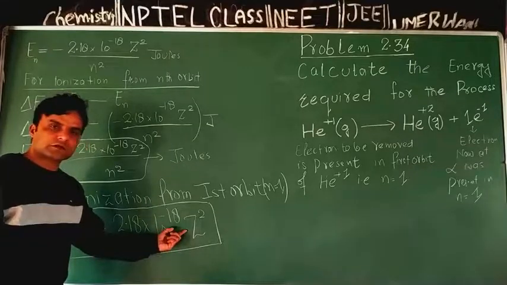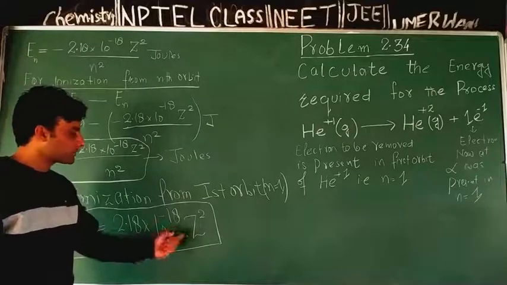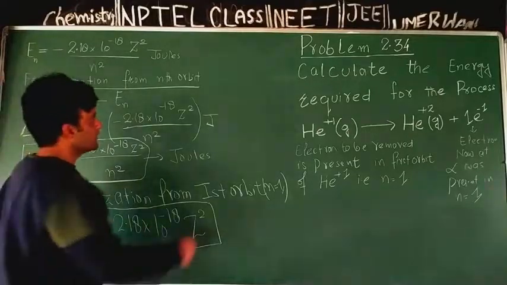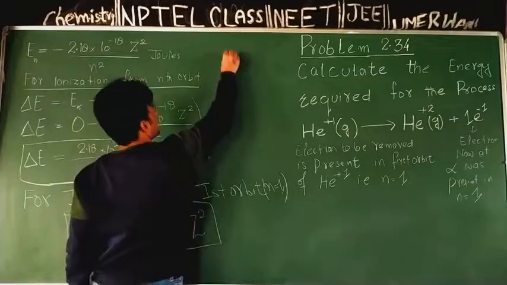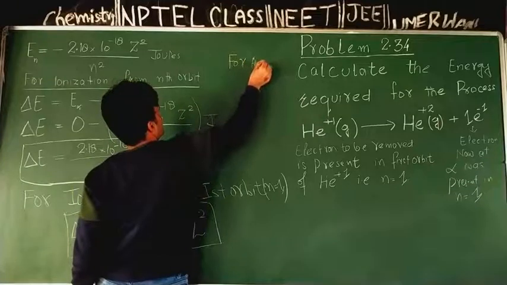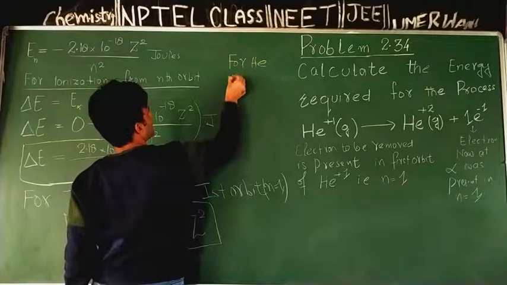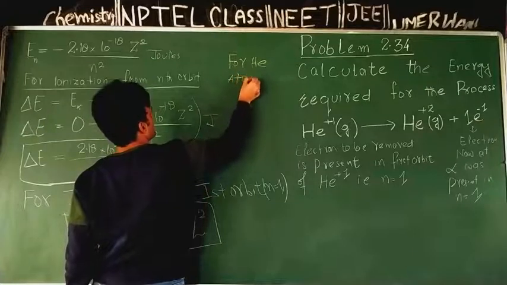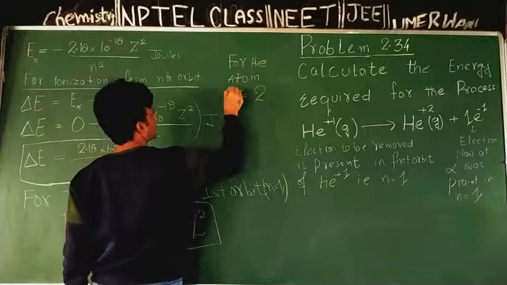For hydrogen it was 1 square, but here for helium it is 2 square because the atomic number of helium is 2. So for helium atom, Z is equal to 2.